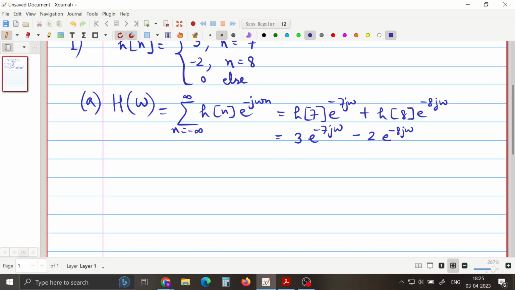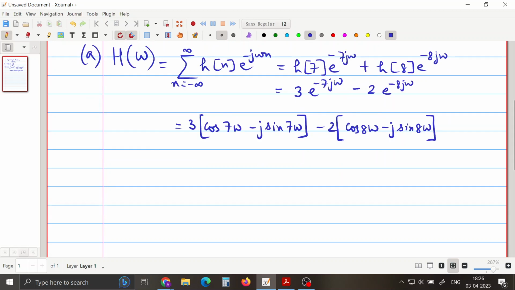So again, we just use e power j theta equals cos theta plus j sin theta, that standard formula, and we can write this as 3 times cos 7 omega minus j sin 7 omega, this is cos 8 omega minus j sin 8 omega, and let's pair up the real parts together.